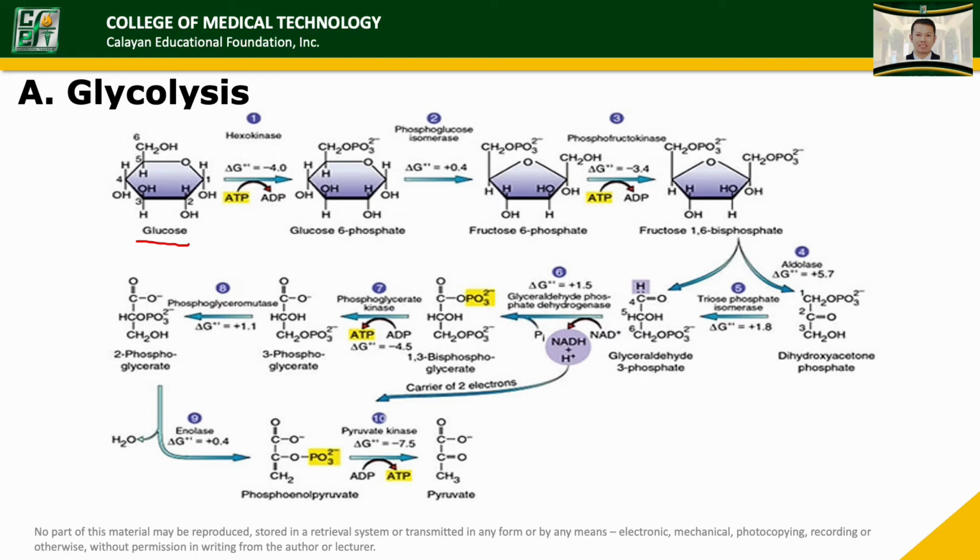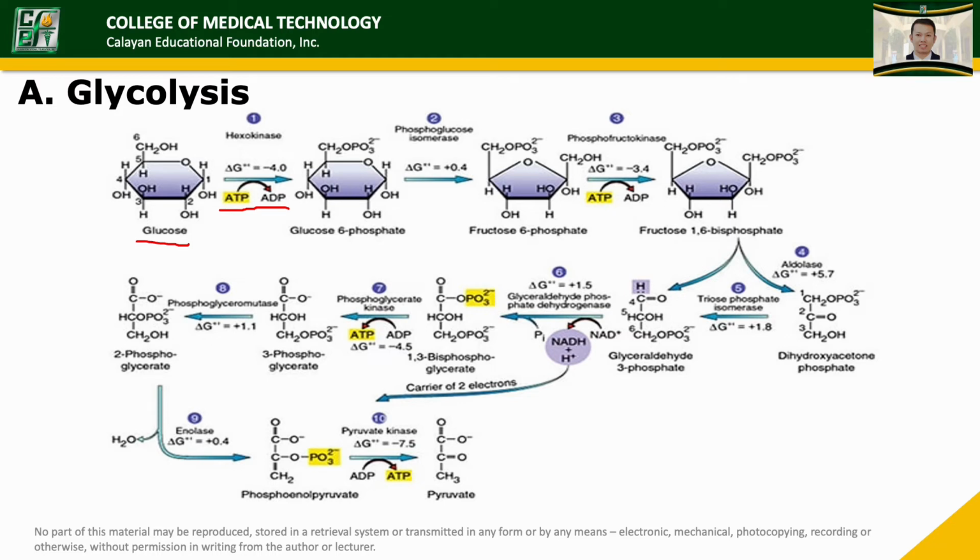Glucose molecule comes from the food that we eat. This is the smallest sugar, the monosaccharide. And then there is the bombardment of the ATP. ATP is converted to ADP, so it releases energy.